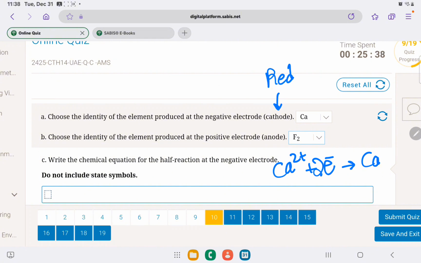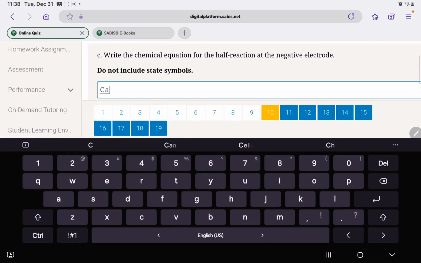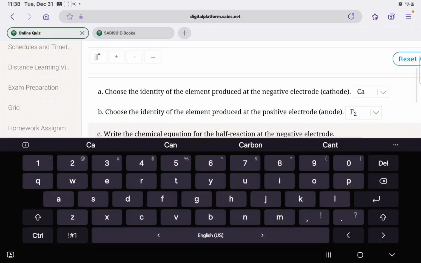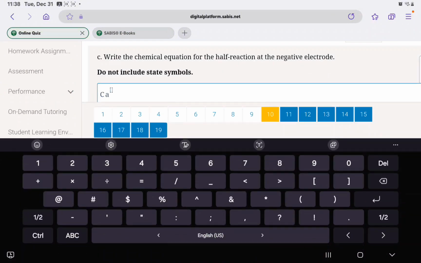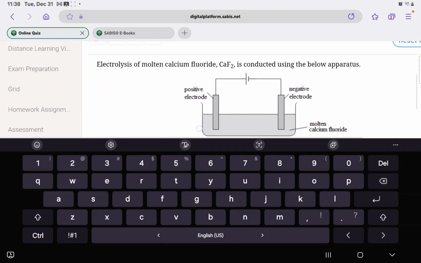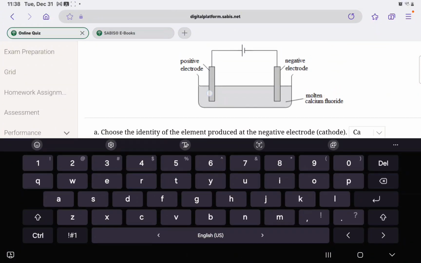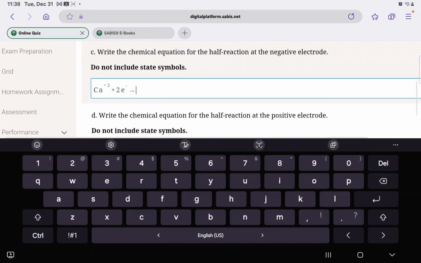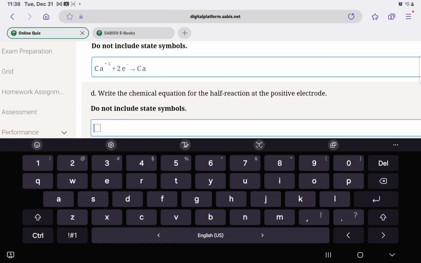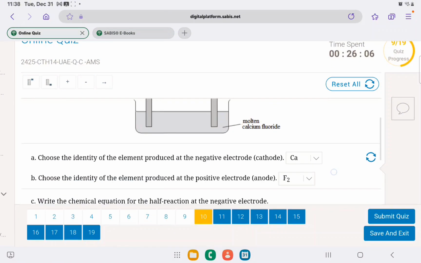So yeah, that's it. We don't need any state symbols, so it's just Ca 2 plus, plus 2 electrons to give Ca.